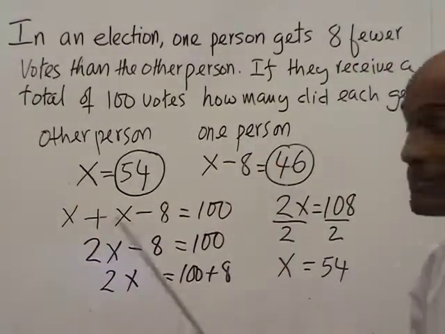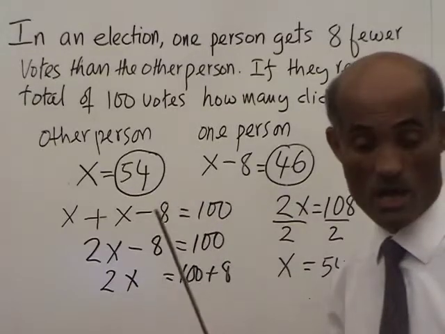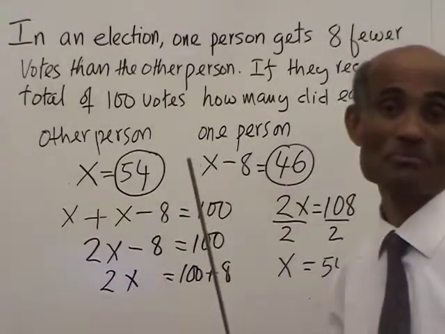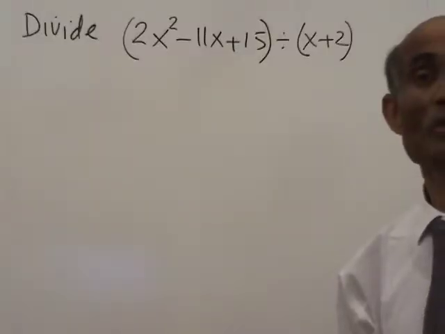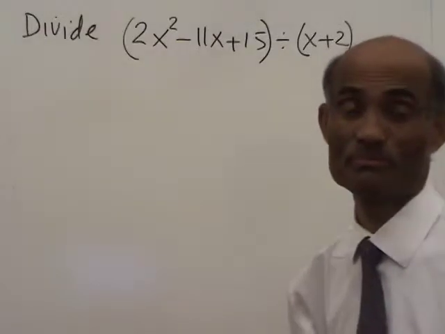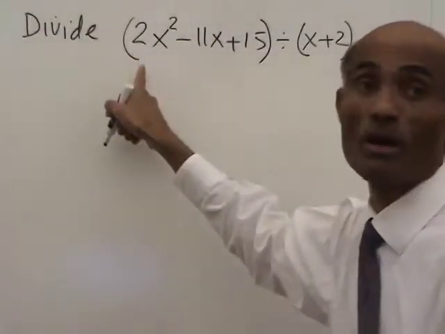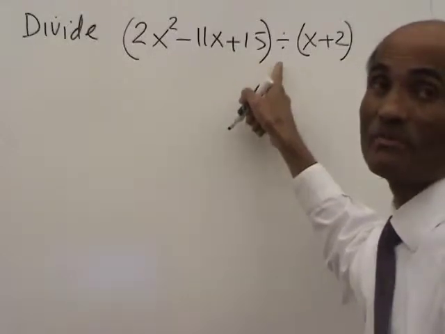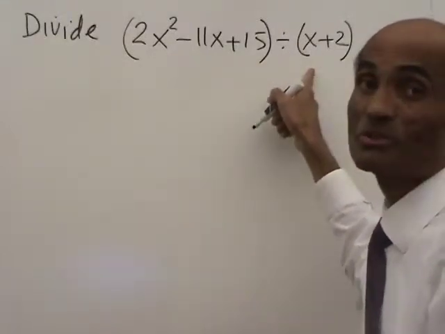The two problems we did are very much similar. You must learn to set up problems like this. Our next question is a long division problem: 2x squared minus 11x plus 15 divided by x plus 2.